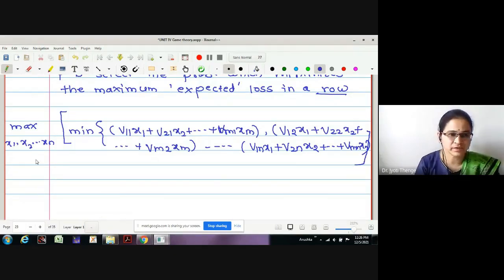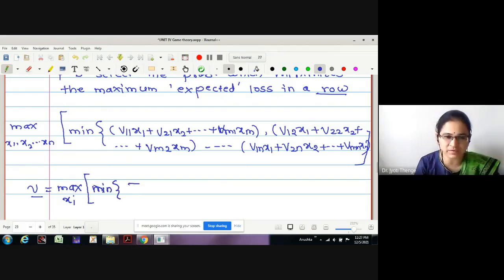Is that okay? So let me just write it in the summation form. Okay, and this is max min value. Max min value means it's a lower bar, correct? This is maximum over all the probabilities xi, of the minimum among the terms.